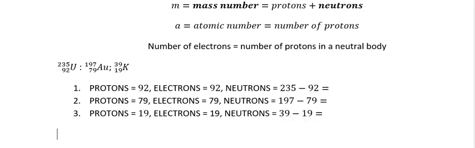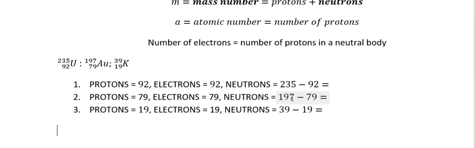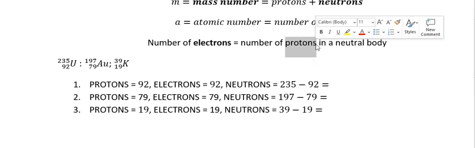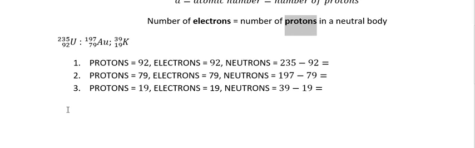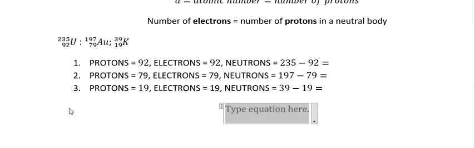Like I told you, the number of electrons is always equal to the number of protons if the body is neutral. When they say neutral, it means that there is no charge. Which means that if I write something like potassium plus, you see this body is now an ion because it has lost an electron.